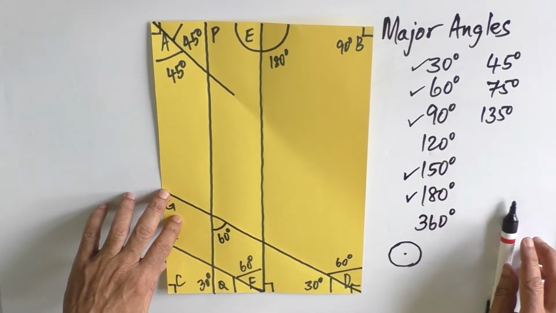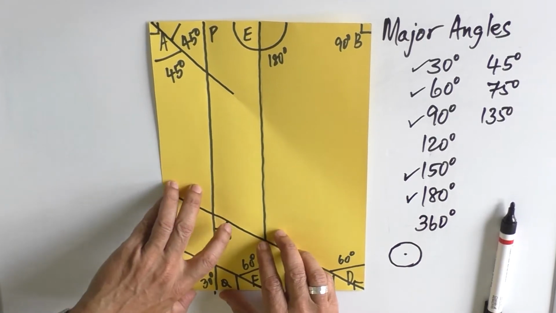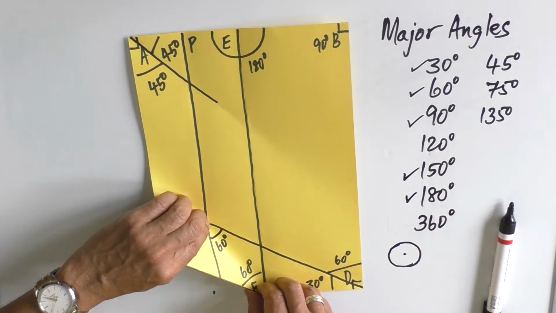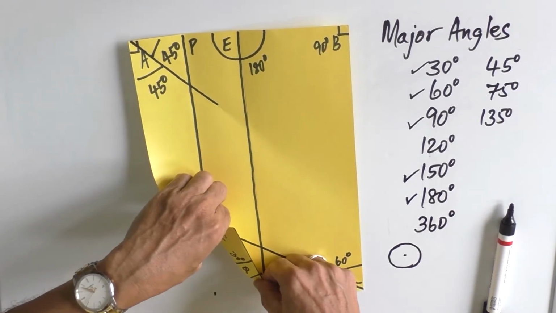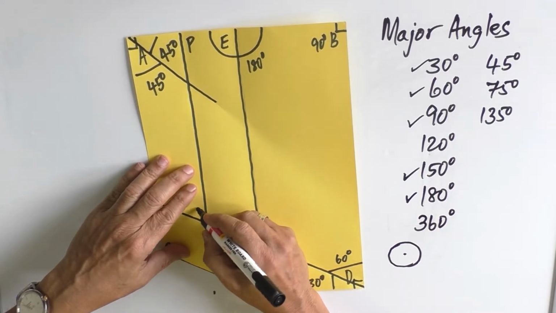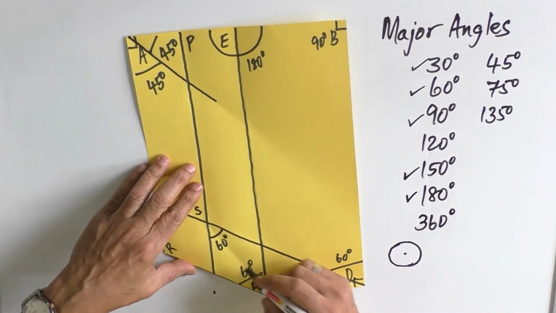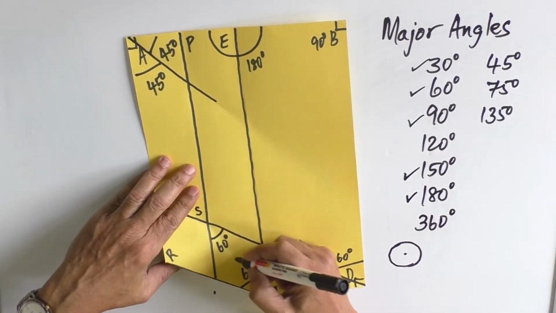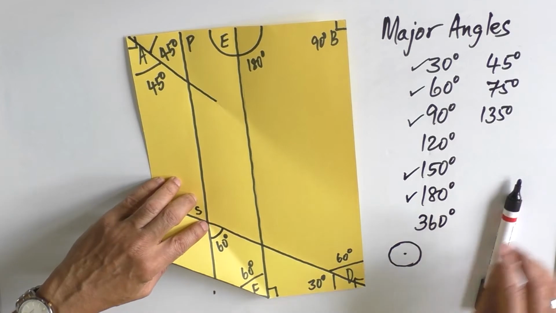So what we do now, we can simply make the angle 60 into two halves. If you call this point S, we have to connect FS. That will make the angle into two parts.